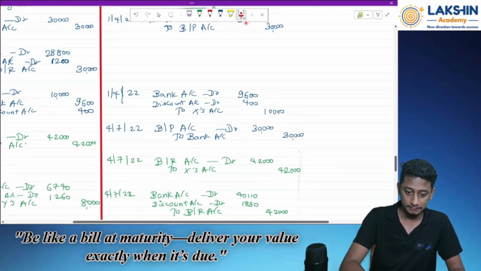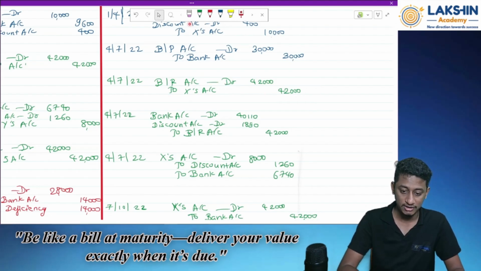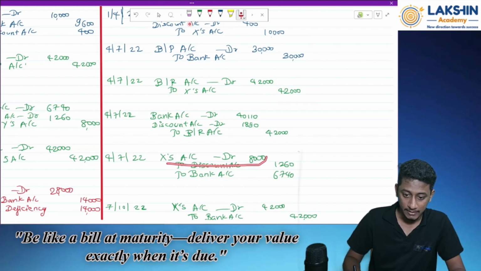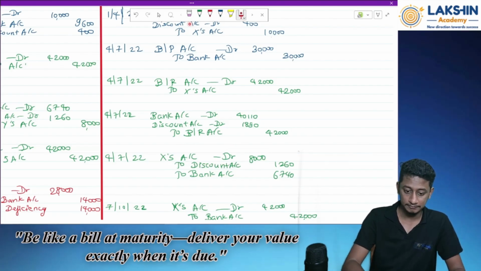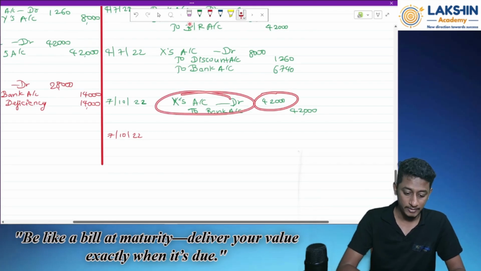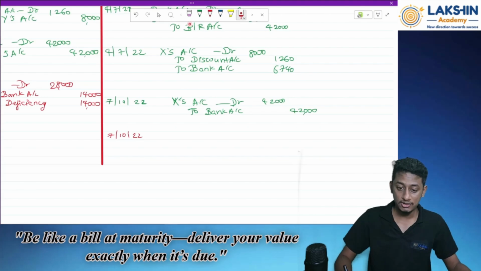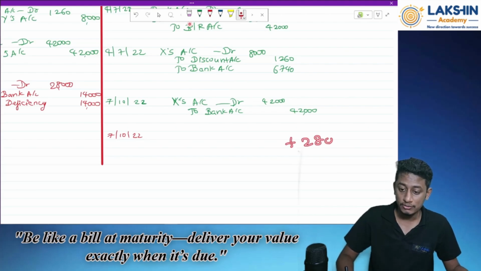Then again, wherever X is opened, once again X is opened for rupees 42,000, less 42,000 because it was a credit. Then debited for rupees 8,000, so add 8,000 rupees. Then again 42,000 rupees has been added over here because debited. So add 42,000 rupees. So it will again give me a balance of positive 28,000.